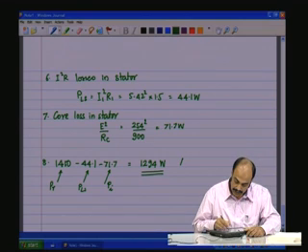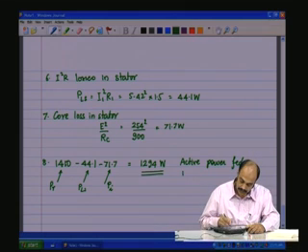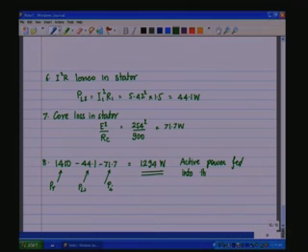So this is the active power fed into the three-phase lines. Okay.